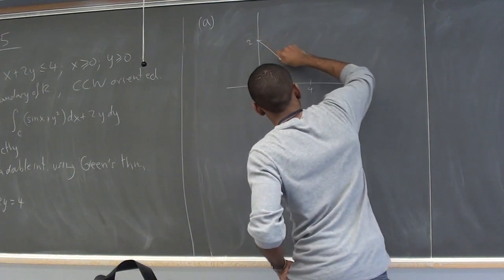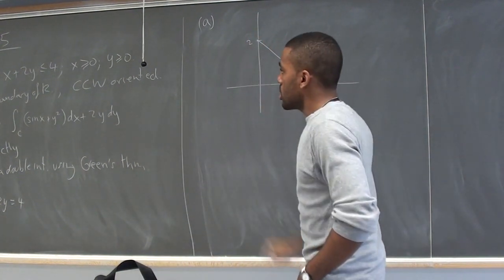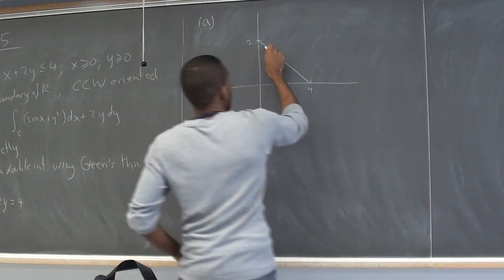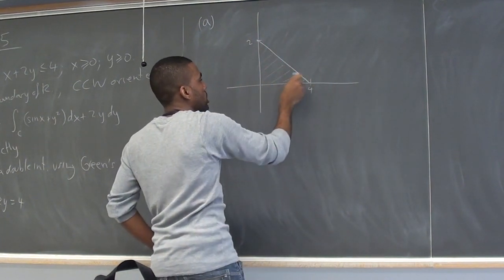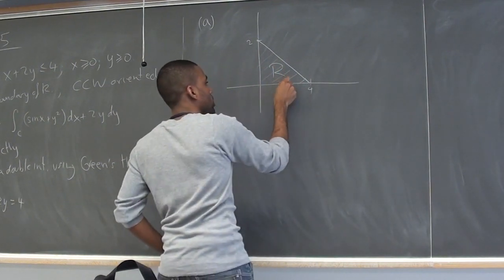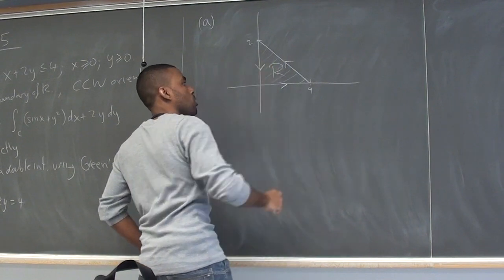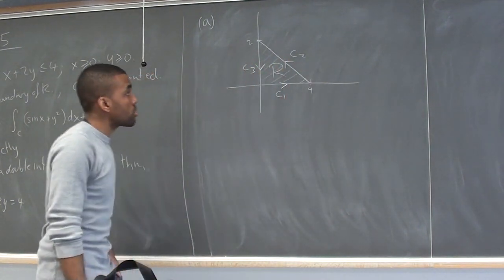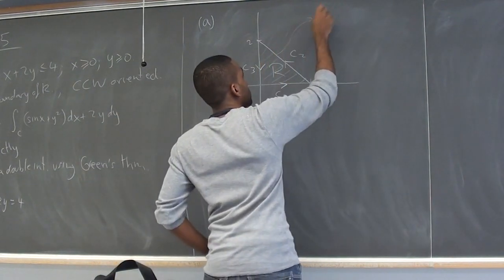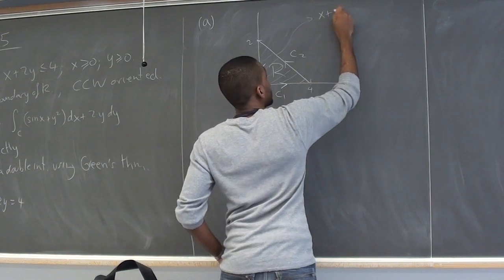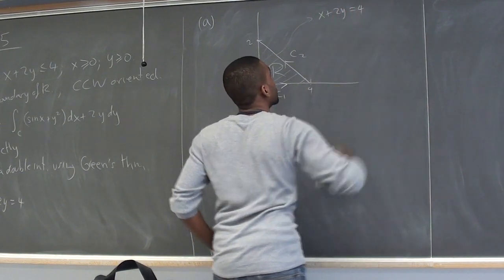My x is greater than 0 and my y is greater than 0, which means it bounds this triangular region. That is my region R, and I am oriented counterclockwise. So I have 3 curves here, C1, C2, C3. This line happens to be the line x plus 2y equals 4.